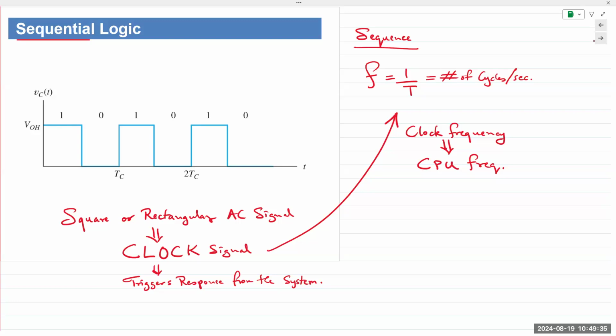This is a fun fact. If you buy the exact same computer, whether it's a desktop or a laptop, and you are trying to customize it by selecting a CPU with higher frequencies, the higher the frequency, meaning the faster it can operate, the more money you have to pay.